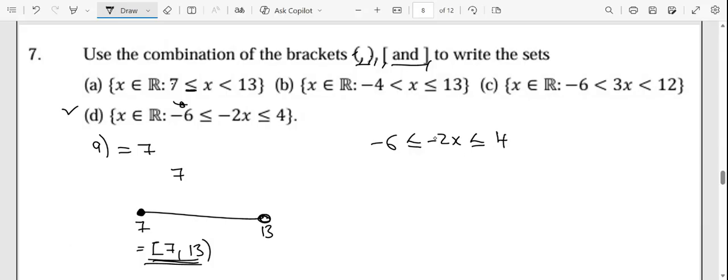You can divide throughout by 2 so that you reduce. Is that okay? So you say negative 3, you just want to simplify this because it's big for you.